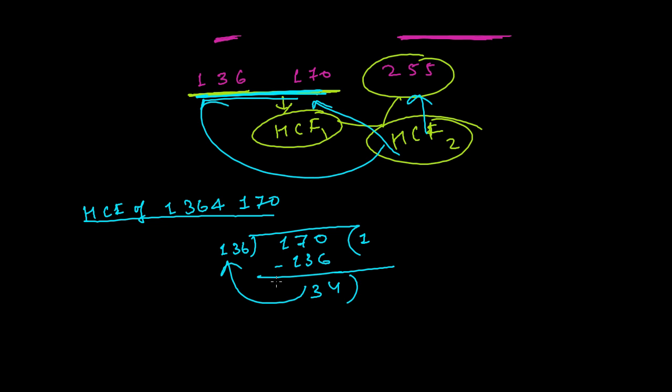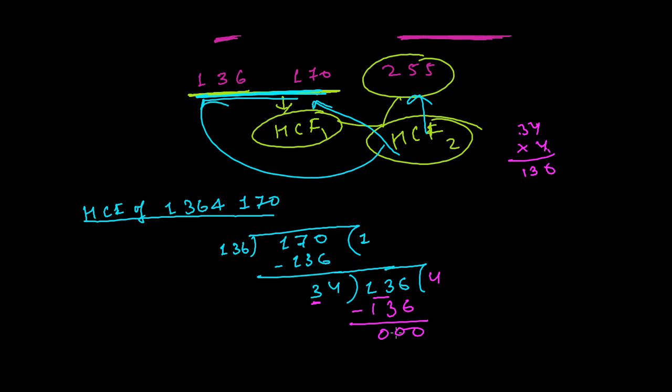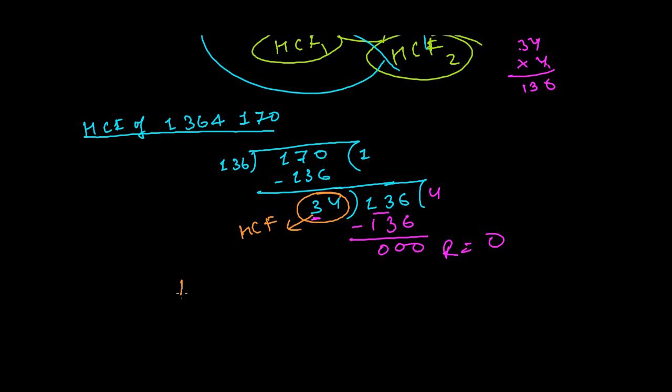The initial divisor was 136, so we'll divide 136 by 34. 34 times 4 is 136, and the remainder is 0 due to the number 34. So this is your HCF. HCF of 136 and 170 equals 34.